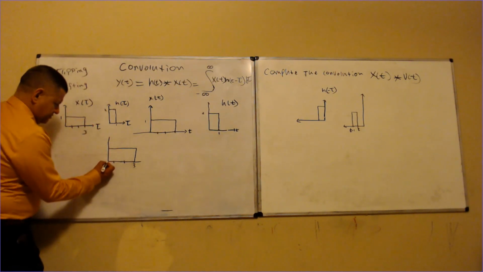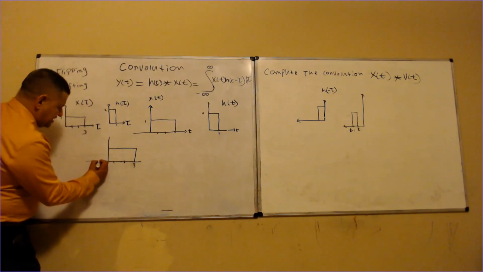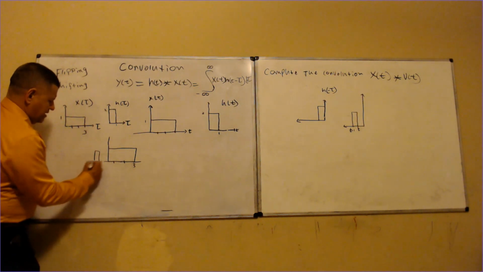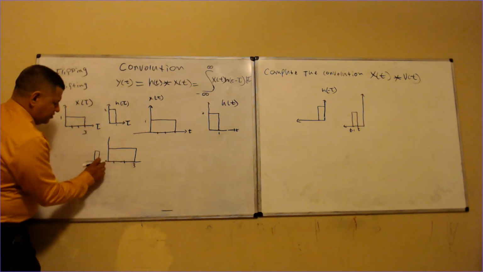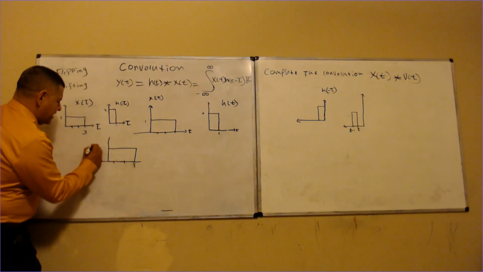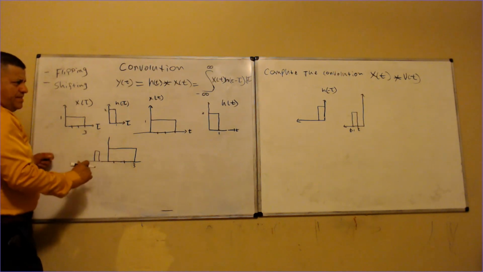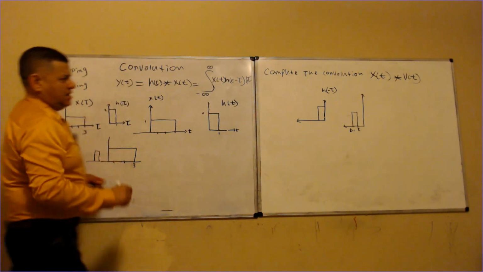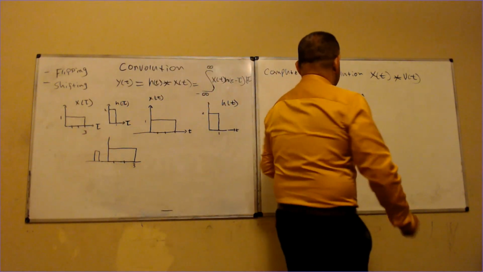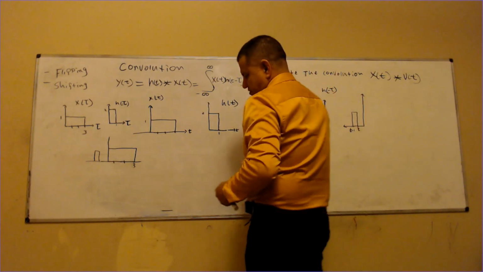Now notice that if I put this signal right here, this region right here is 0. This is my shifted h of tau, and flipped.